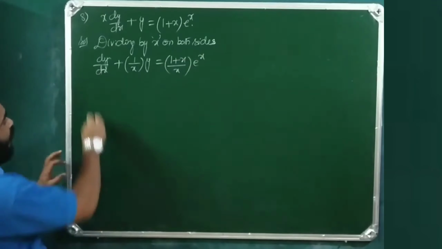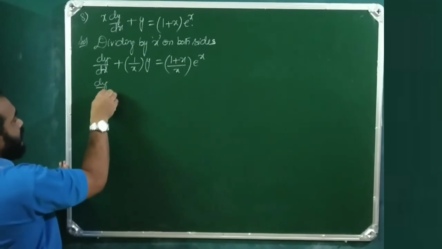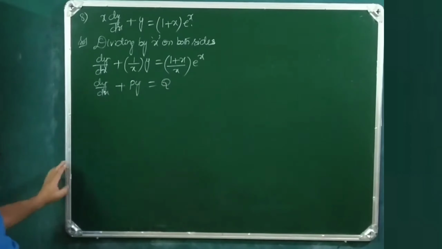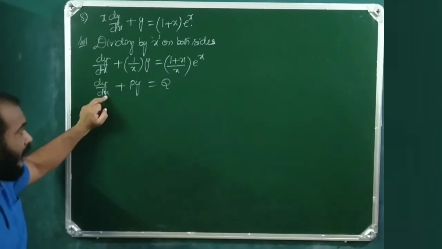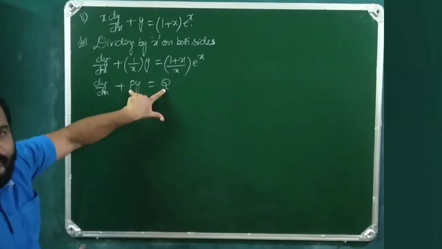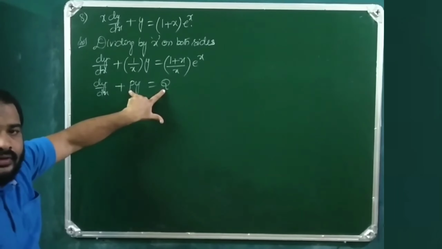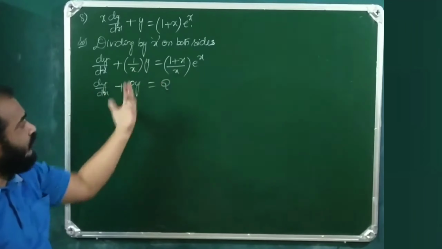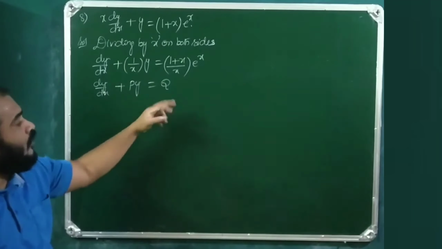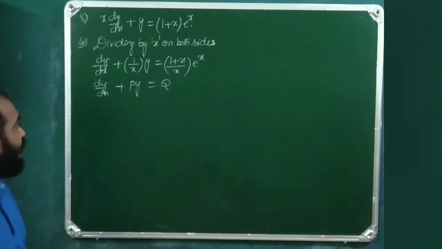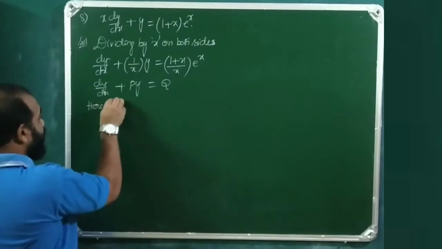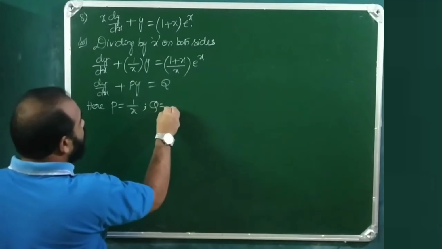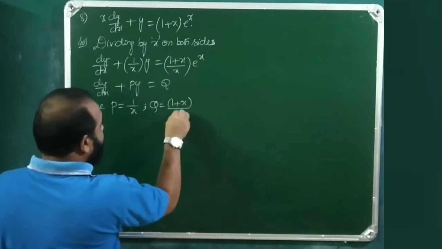This is clearly of the form dy by dx plus py equals q. Since x is the independent variable, p and q are obviously functions of x. These are continuous functions, though sometimes p and q may be constants also. So here p equals 1 by x, and q equals (1 plus x) by x into e power x.